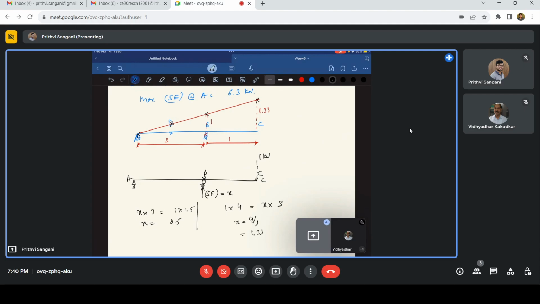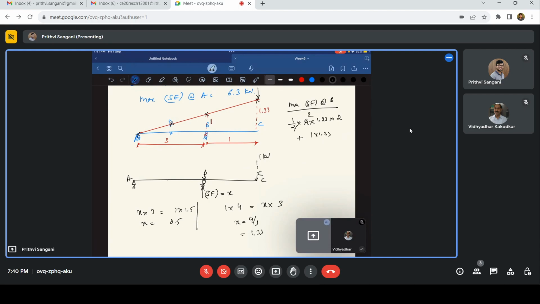So what about the maximum shear force? Maximum shear force at support B, we have two components. One half times 4 times 1.33 times dead load, plus I will place my live load at point C. So point C is 1 times 1.33.